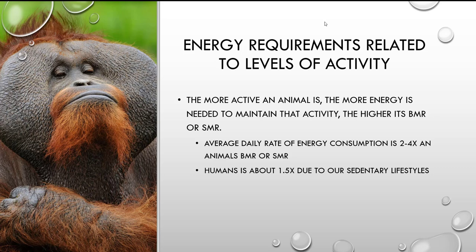Adult males need about 1,600 to 1,800 kilocalories just at rest. That's just for maintenance and doesn't include any additional activity. So most animals need about 2 to 4 times their BMR. If a squirrel's BMR is 200 kilocalories, then it needs 2 to 4 times that in order to survive, because it's a very active animal. Especially, if you look around, they're moving around all day long.